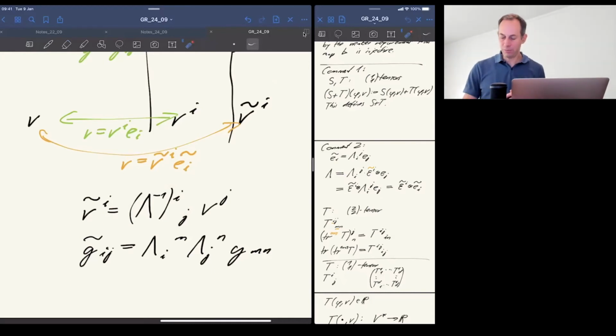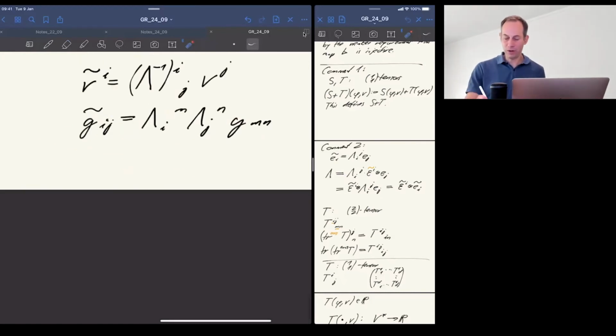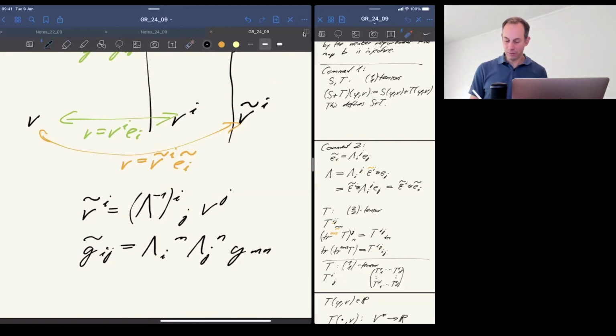Remember, these lambdas are given by saying what an element of the new basis vector is in terms of the old one. That's the definition of the lambda.